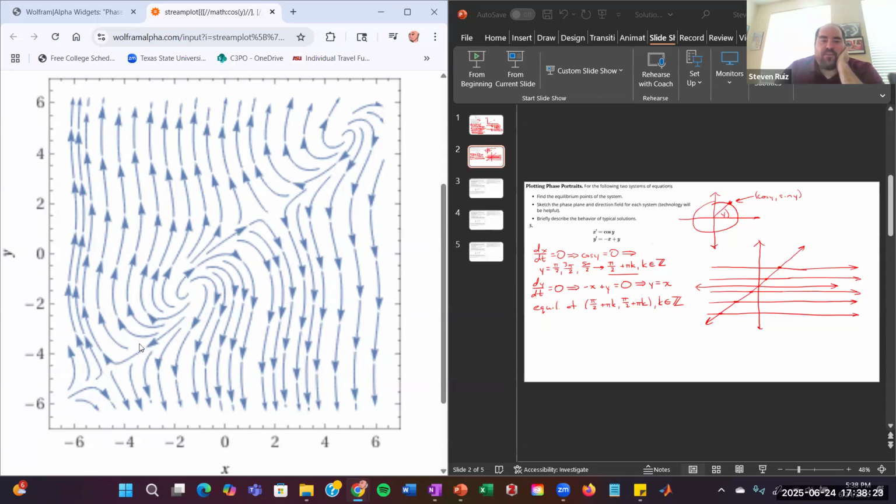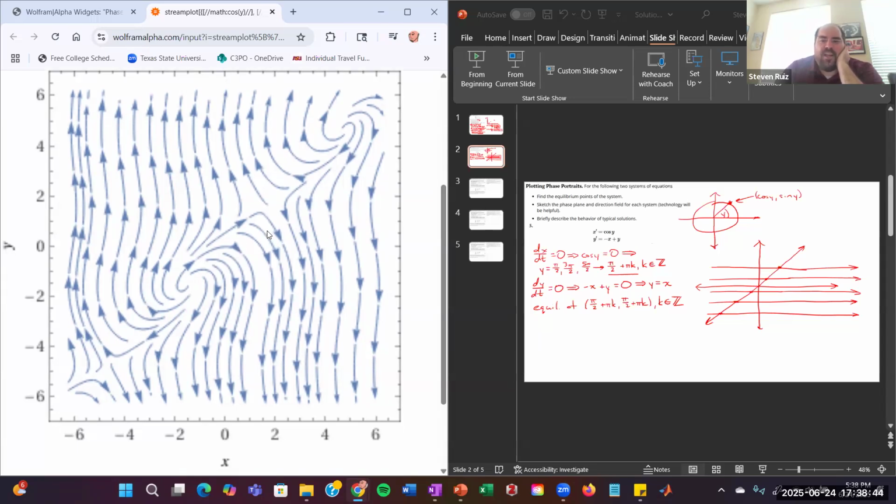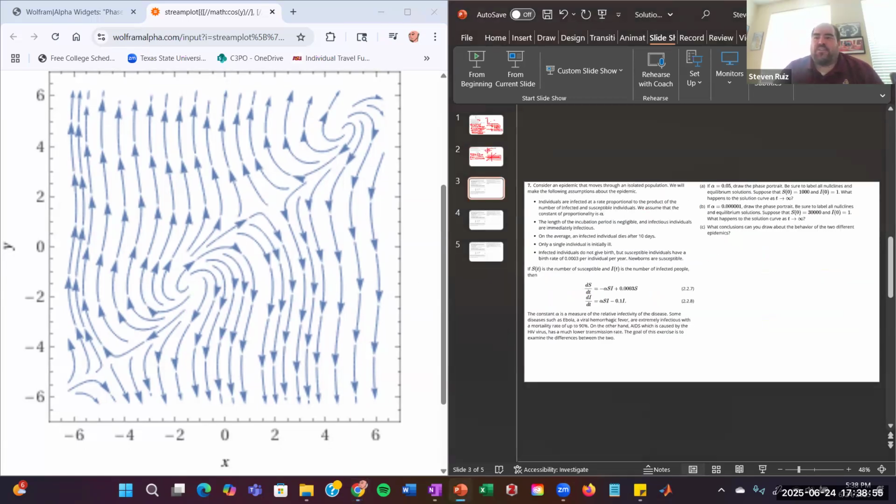It happens on this y equals x line. It's kind of hard to see them because it all depends on where these vectors are drawn, but anywhere along that y equals x line, you should have dy/dt equals 0, which means you should have horizontal lines. So I don't know if I can talk about a typical solution here, because the behavior is going to depend very heavily on where your solution begins. So let's go ahead and move on to question 3 or question 7.